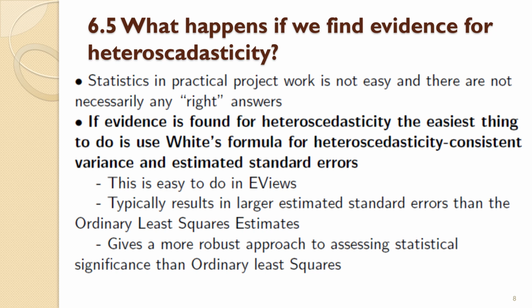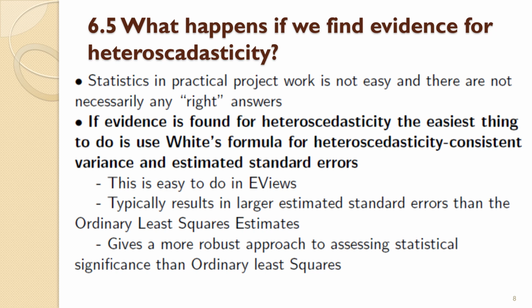If you find evidence for heteroscedasticity, the easiest thing to do is to use White's formula for heteroscedasticity consistent variance and the estimated standard errors that go alongside that. That's easy to do in EViews because that's a standard econometrics thing. It's much harder to do in R because this is a specialist econometrics thing rather than a general statistics thing, and this would typically result in larger estimated standard errors than the usual regression approach.